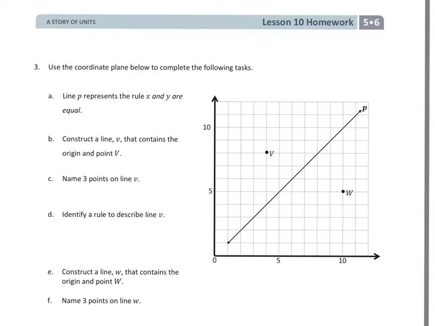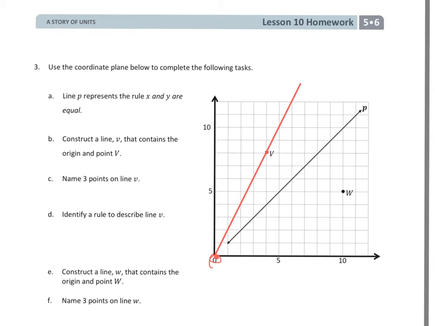So next, B says construct a line V that contains the origin and point V. So I'm going to construct a line. I'm going to come out of the origin, which is right here, and line up this point, the origin, with V right here and draw a straight line using my straight edge.